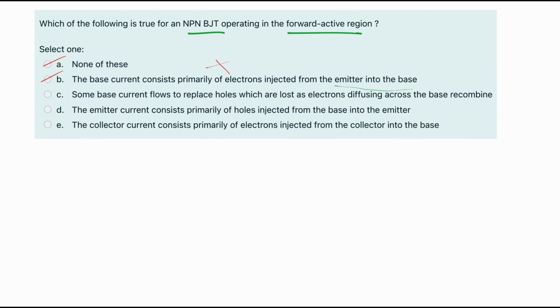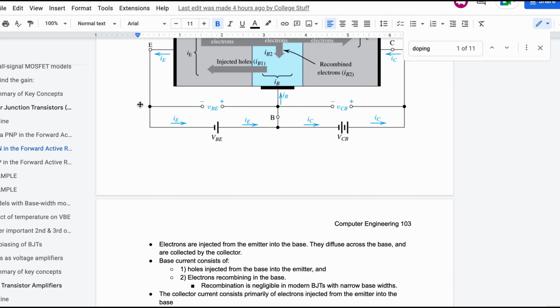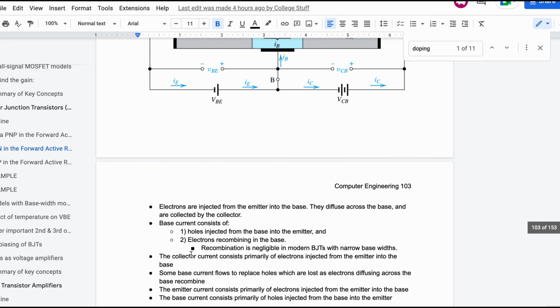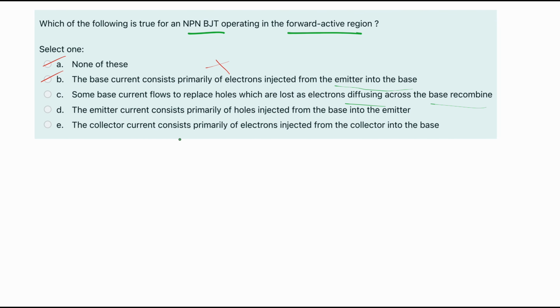Next, we have some base current flows to replace holes, which are lost as electrons diffusing across the base recombine. So we have our base recombine, we have our electrons diffusing, and some base current flows to replace the holes, which are lost. And that is true.